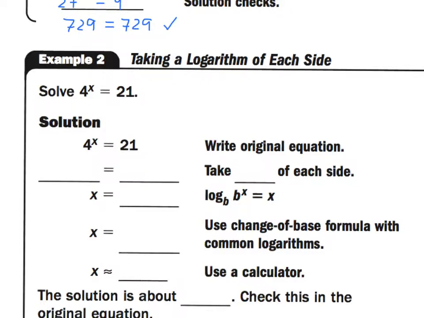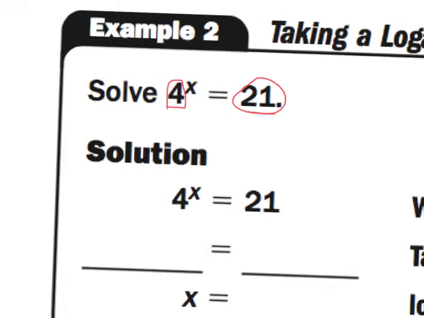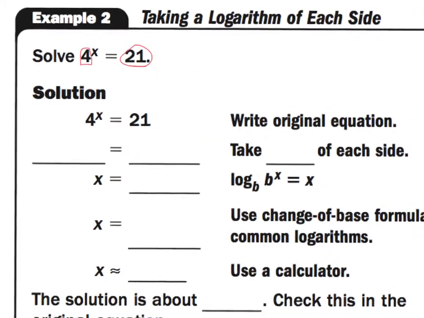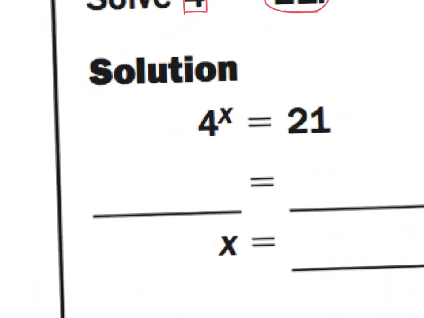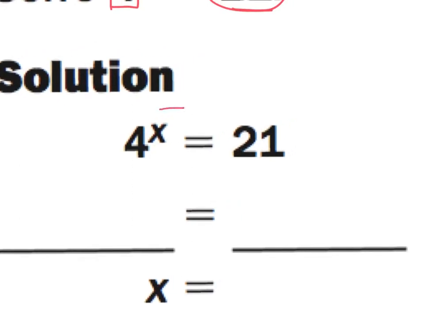In this case, clearly, I cannot simply write 21 to the power of 4, okay? It's complicated to do. So there is an answer, but there's no way that I could guess it. It would take way too many tries to guess. So what do I do? I can rewrite this equation into a log equation, or take the log of both sides.